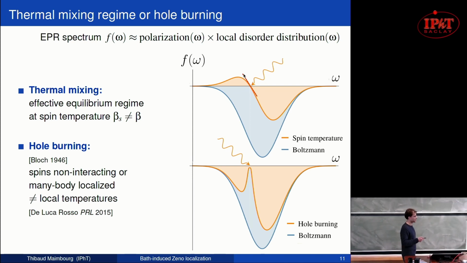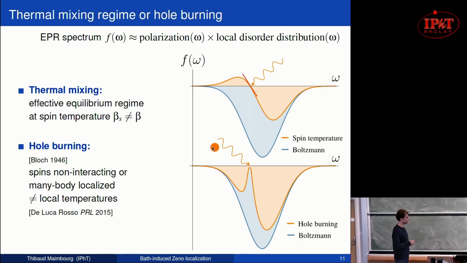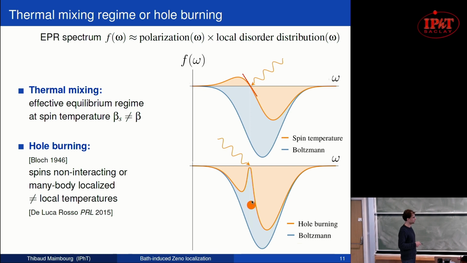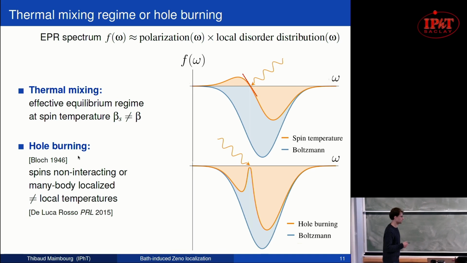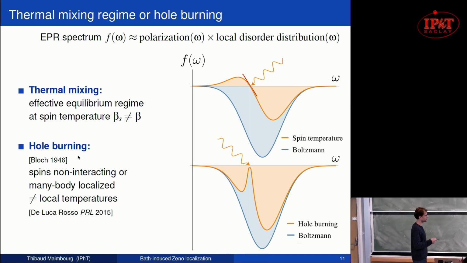And if it's not thermalizing, what you would typically have is this hole burning shape instead. So this is the case, for example, if you look at non-interacting electrons, that Bloch already studied this system, or many body localized system. So what it means here is that you don't have a single temperature for all the electrons.